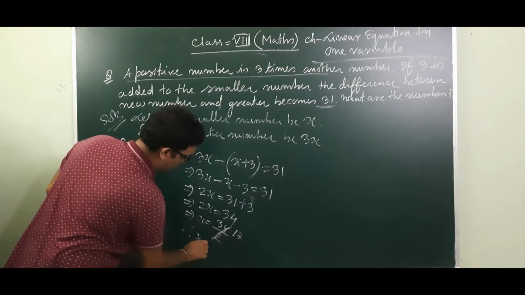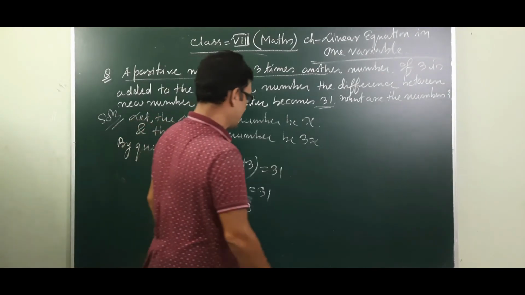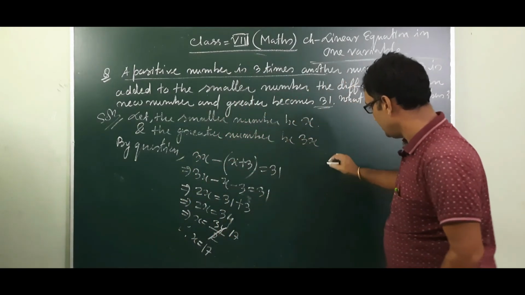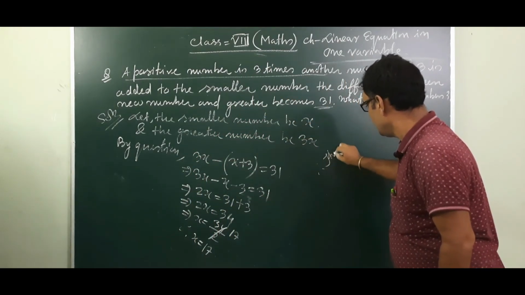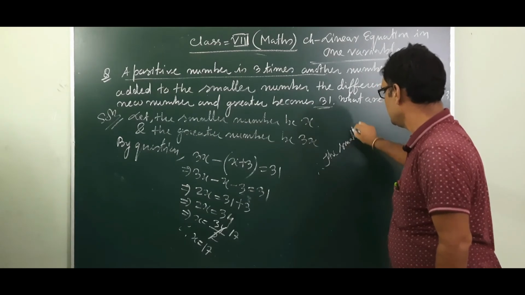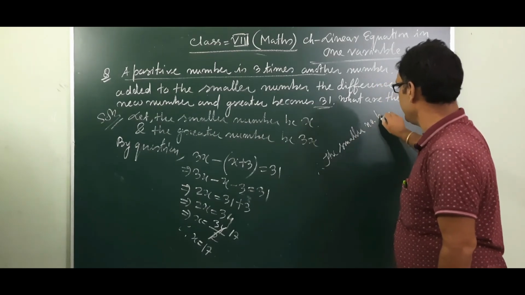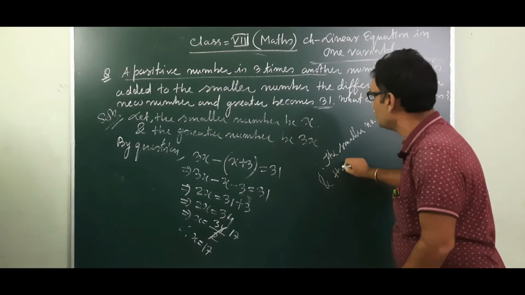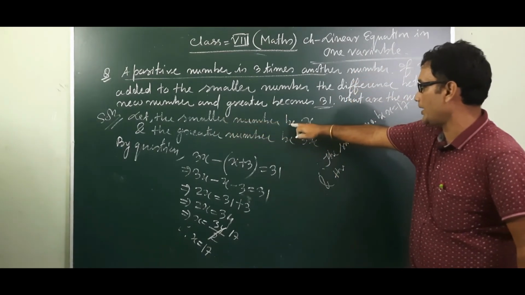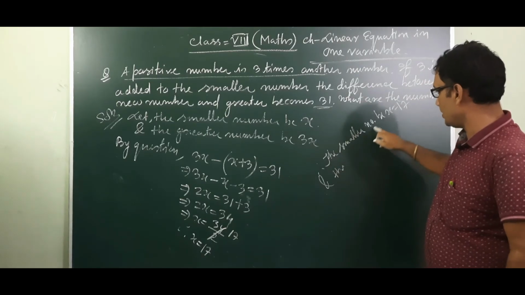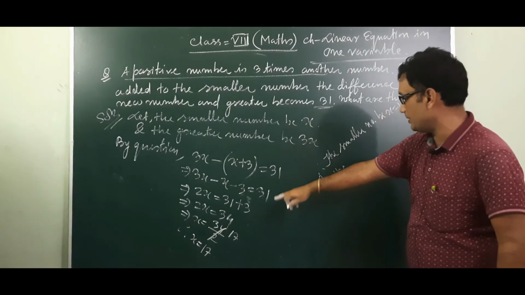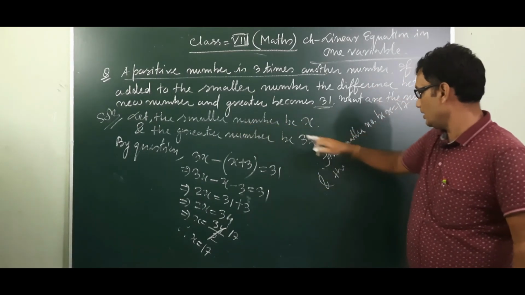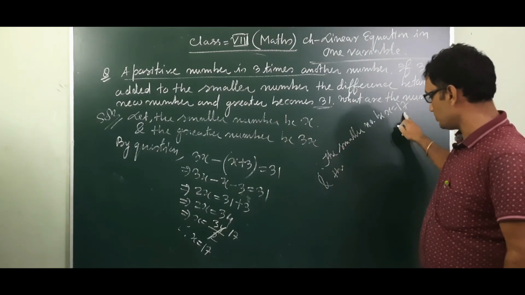Therefore x equal to 17. Then what will you write? Therefore the smaller number be x equal to 17, because the smaller number we are considering what? x. So you will write, the x value is 17.